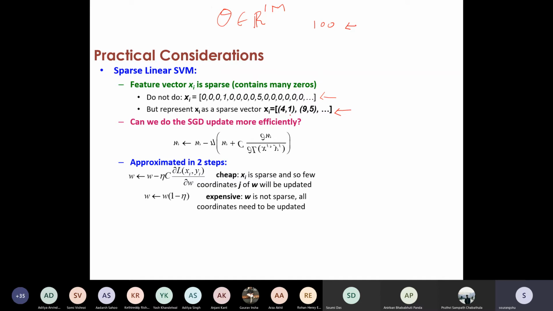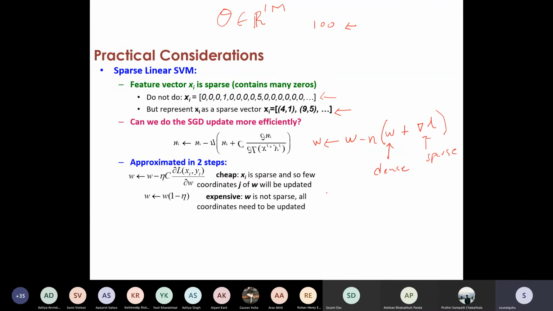And then the question is, if you see the update, let me write the update. Your update is W goes to W minus eta times (W plus some gradient of loss). Now here you see this W is dense, and this is sparse.